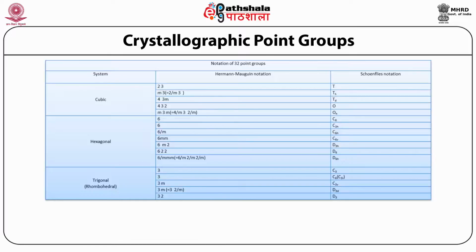Its point groups are represented in HM notation as 3, 3 bar, 3m, 3 bar m, which is equivalent to 3 bar 2 by m, and 32. Corresponding to it, the Schoenflies notation is capital C subscript 3, capital S subscript 6, which is also equivalent to capital C subscript 3i, then capital C subscript 3v, capital D subscript 3d, capital D subscript 3.